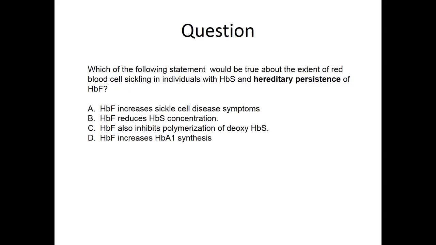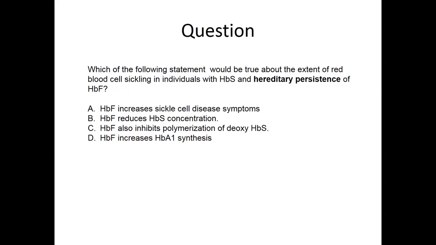One thing you have to keep in mind: if you have a persistent fetal hemoglobin, it is beneficial to you. That's the first thing you have to remember. And what I was explaining is the mechanism. The mechanism is that instead of having a lot of beta globin, now you have a gamma subunit. Does that make sense? The problem with the disease is the beta subunit, not the gamma subunit.